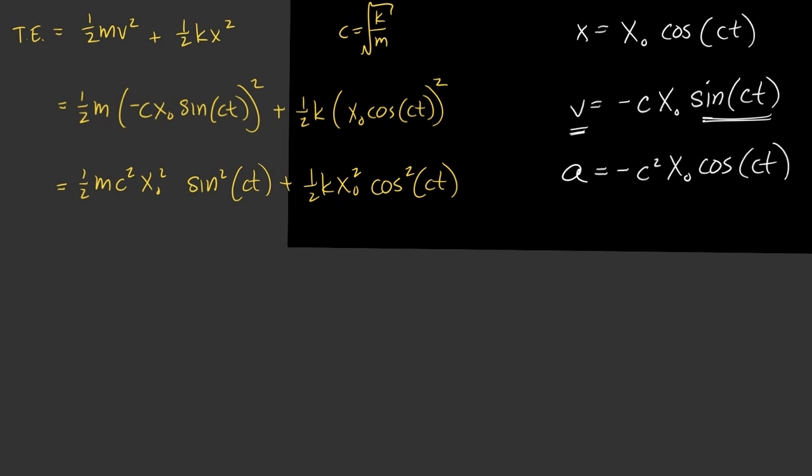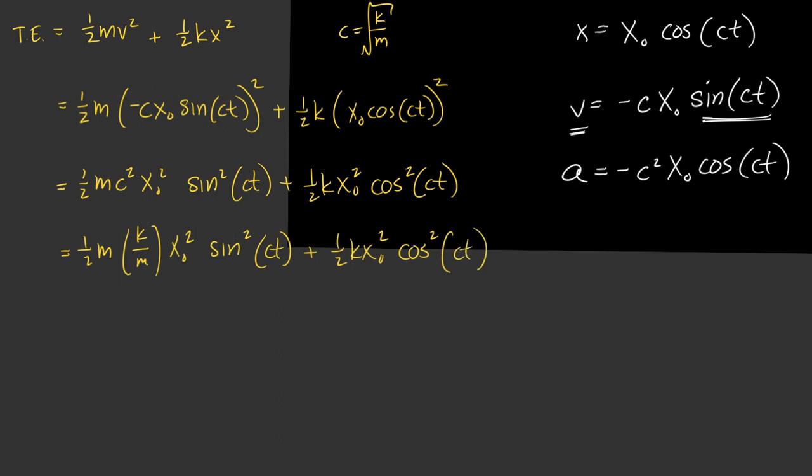Is that true or not? You guys see what I'm doing? I'm going to sub in for the C. And I'll get 1/2 mc squared, which is just k over m, x naught squared sine squared ct plus 1/2 k x naught squared cosine squared ct.